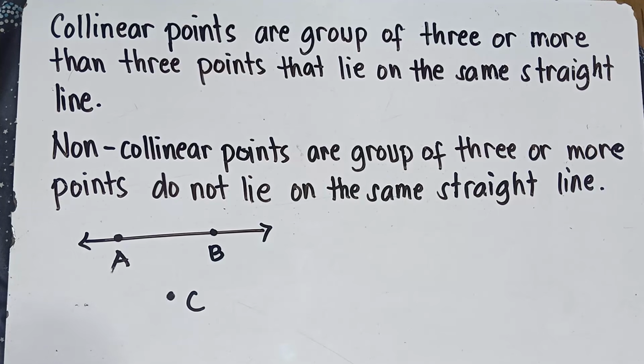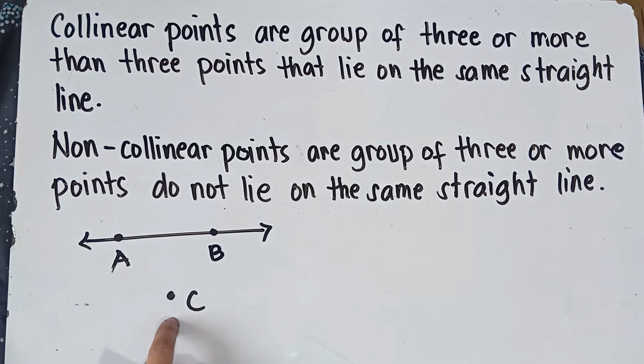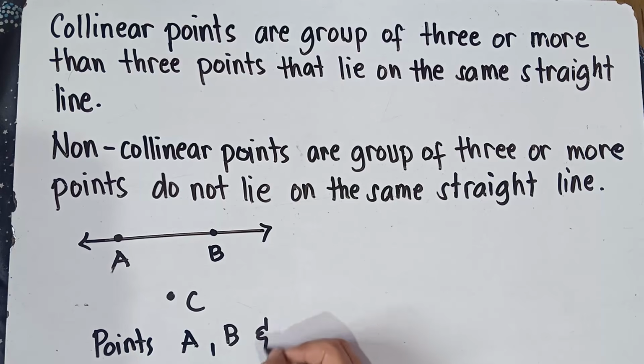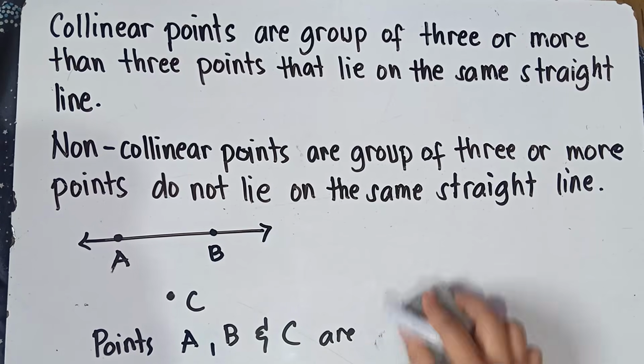Nope, it's not, because this point C doesn't lie on the same straight line. Okay, once again, this point C doesn't lie on the same straight line. So therefore, we can say that points A, B, and C are non-collinear points.